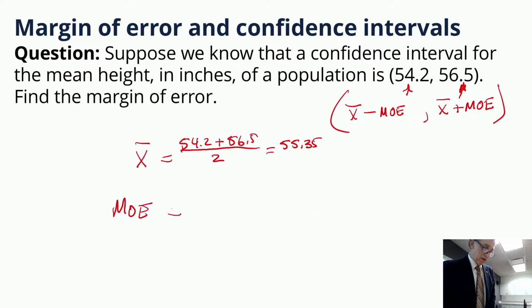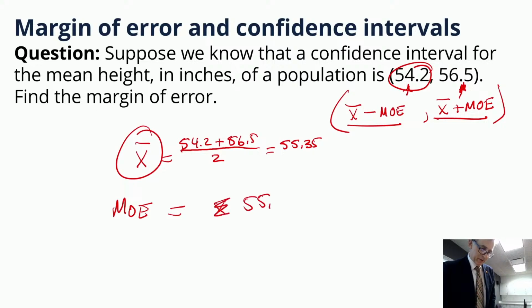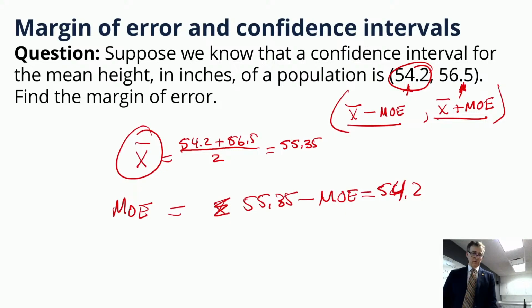Margin of error. Once you have the point estimate, just use one of those. I don't care which one. Let's use that one. Let's see, x bar, 55.35 minus the margin of error is equal to 54.2. Oh, I just told you that we could avoid algebra, and apparently I'm going to use some right now.